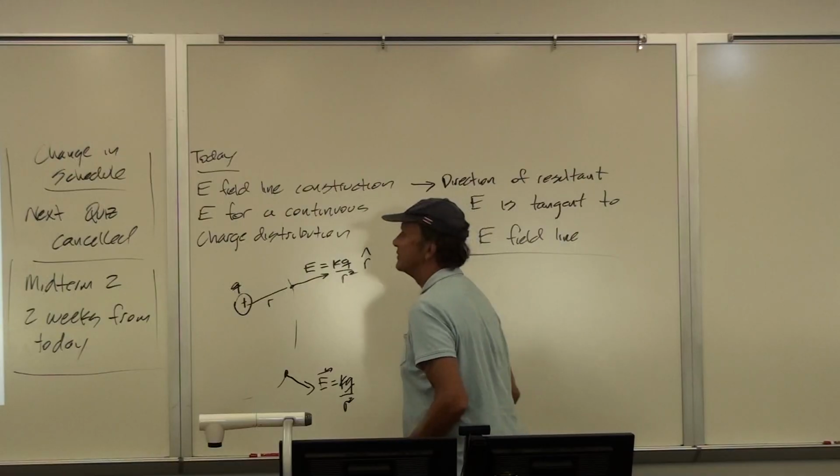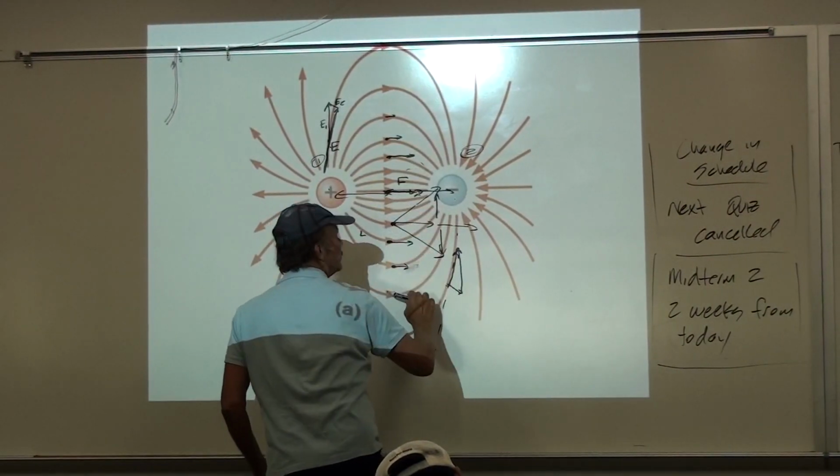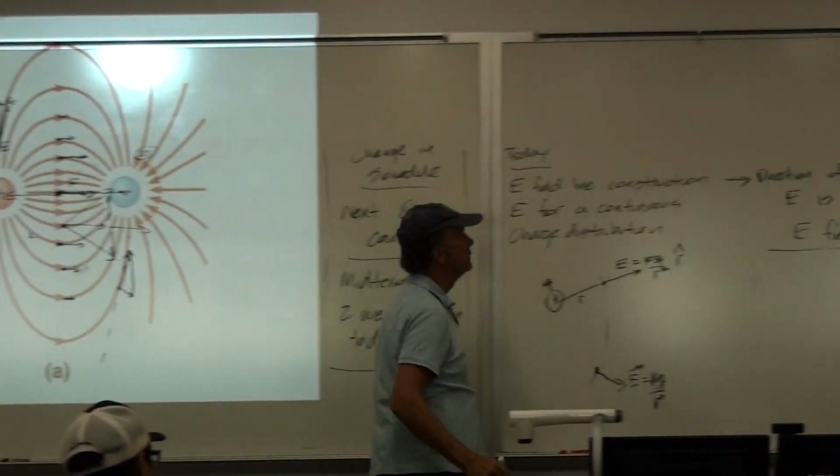And another thing that we can say is that the density of the lines is proportional to the strength of the electric field.